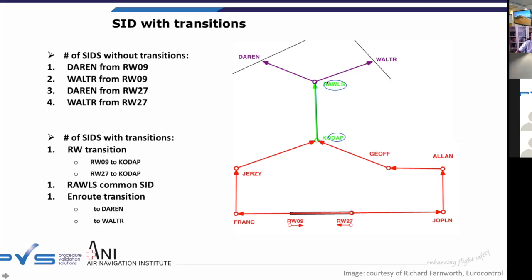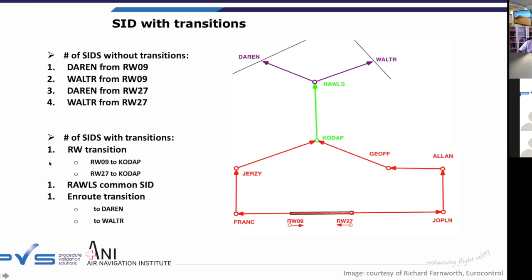This is the SID. Everything else is part of the SID, but it's not the common part. This here, the green line, is the common part. The non-common part is a runway transition starting from runway 27 to CODA. Then you have the common part, and then you have en route transitions from RALS to either Walter or Darren. So you save a lot of space and you declutter the map.